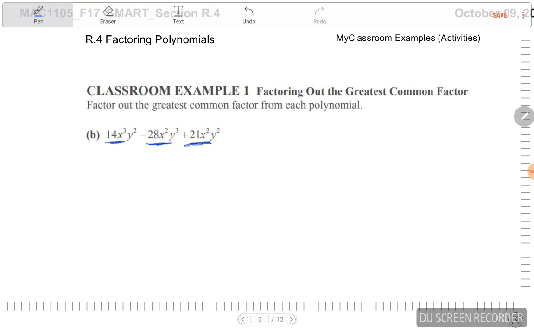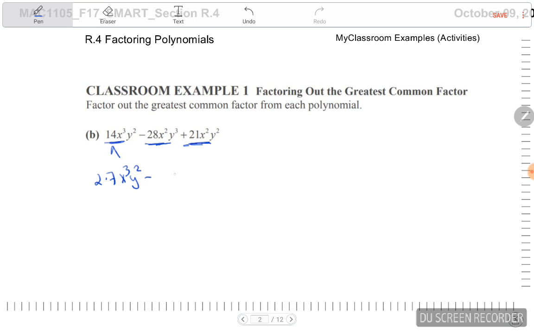Okay, so 14x cubed y second power is something you can break down into prime factors like this. 14 is 2 times 7. 2 and 7 are both prime. I'm not going to break down x cubed or y second. I'm saying y second, but I could say y squared. I don't know why I'm saying y second.